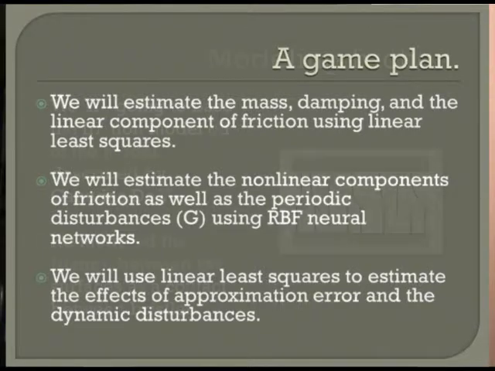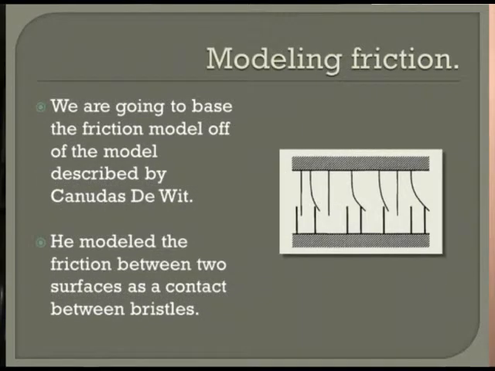So, modeling friction. One of the biggest challenges in this model was to model the friction of the system and do so accurately. So, as a basis, the authors started by using the friction model discussed in one of the references to the paper by Canudas de Wit.